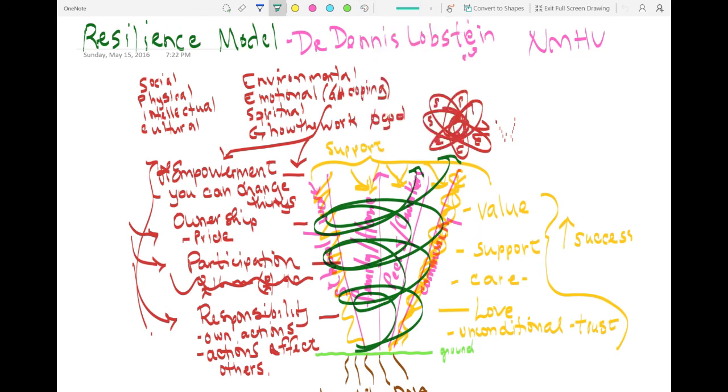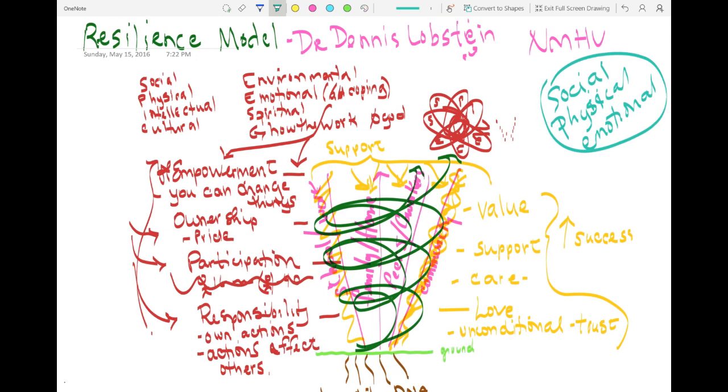If you have a different model, I know that there are some models that focus only on three aspects of health, which is one of the reasons I don't do them. But I know that in the middle school health book that I used to use, it was social, physical, and emotional. And that was it. And it didn't really talk about any of the other things.